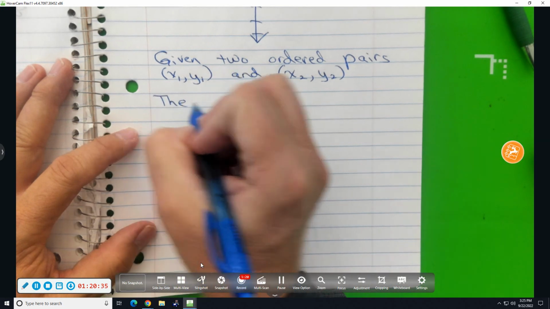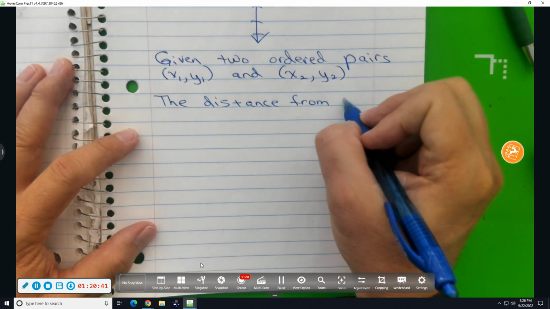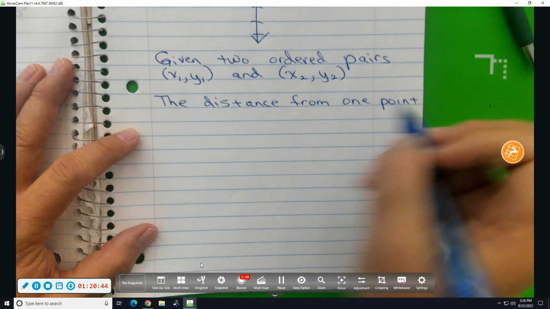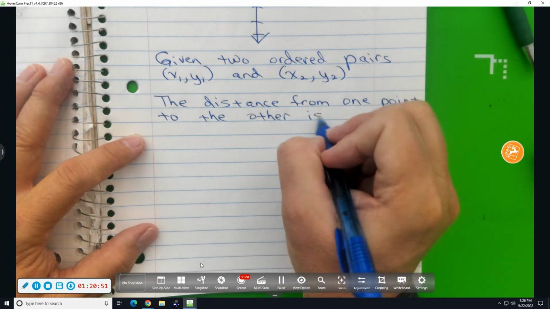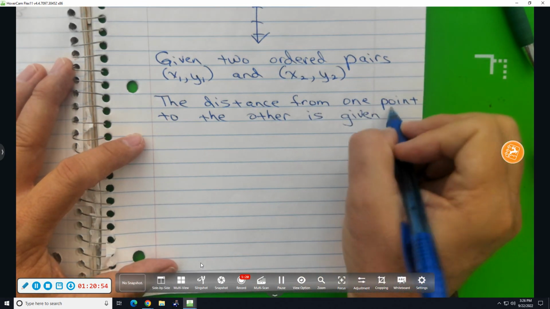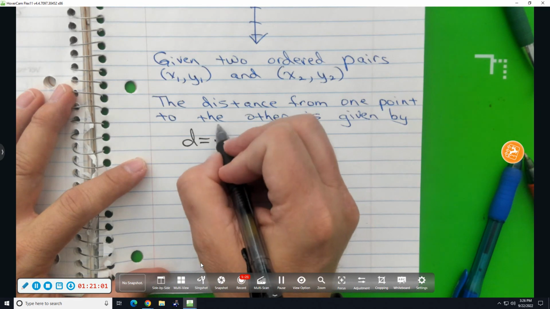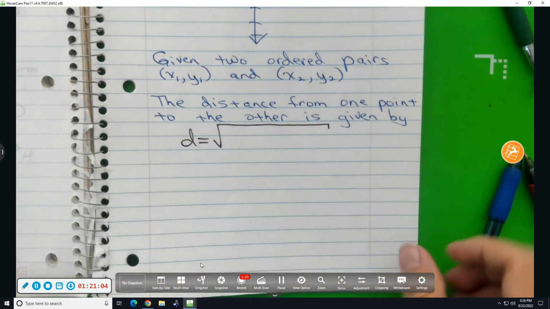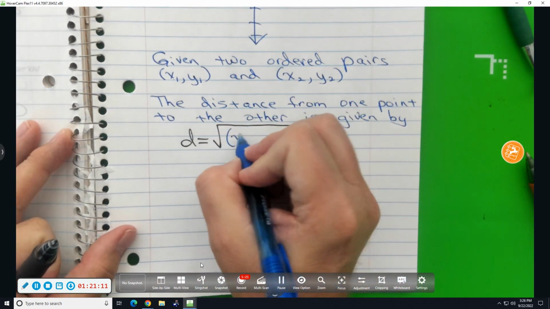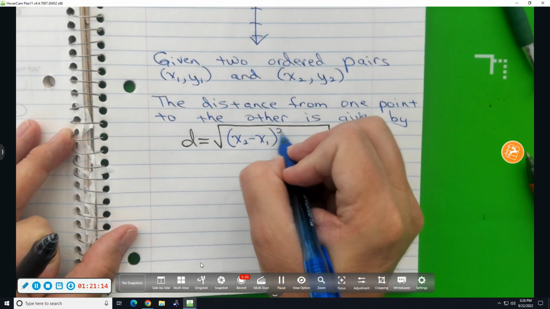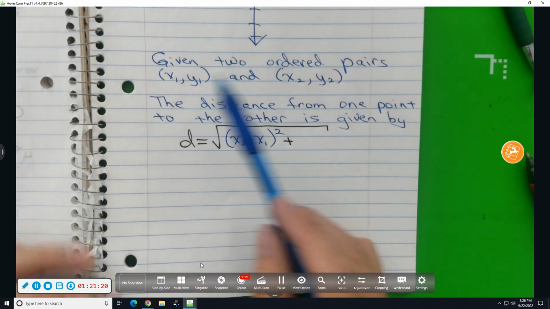The distance from one point to the other is given by d equals the square root of, you subtract the x coordinates, so I'm going to go x sub 2 minus x sub 1 quantity squared plus, subtract the y coordinates.